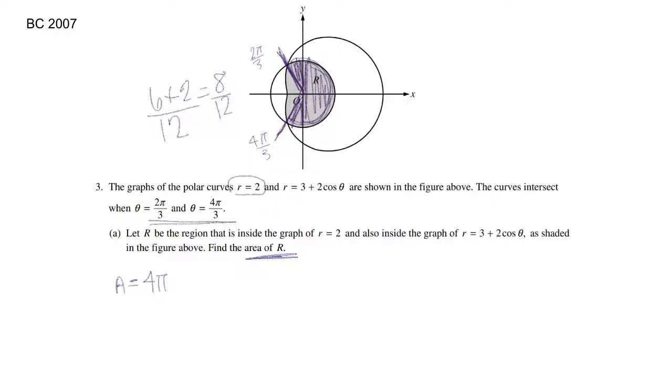2/3. So the first part of this, my area is 4 pi, and so I need to think about 4 pi times 2/3 of the area. So I know I have 8/3 pi for the first part.